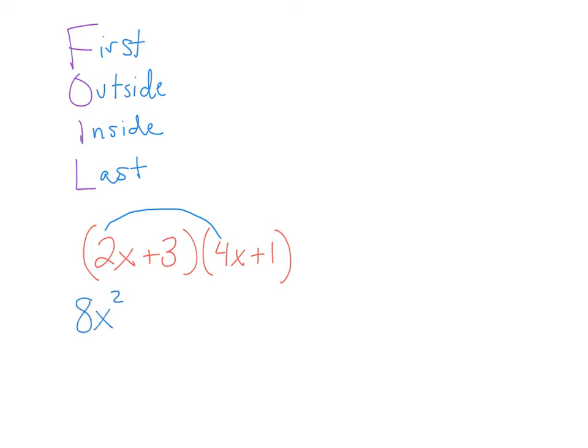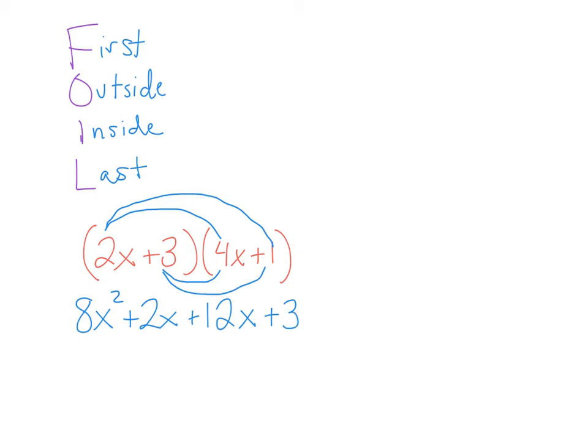Outside problems are these. They're on the outsides of our 4 sets of terms. So 2x times 1 is plus 2x. Insides. There's the insides. 3 times 4x is plus 12x. And last, the 2 last terms are these two. So we've got plus 3.